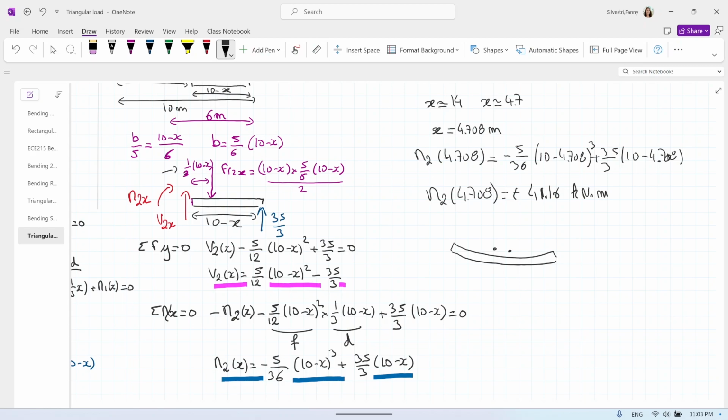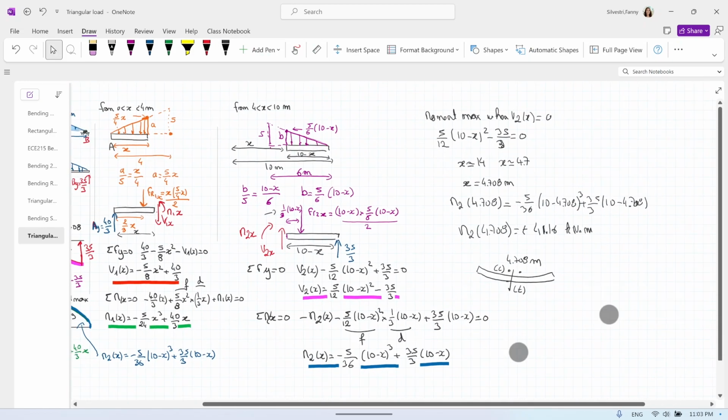So little smiley guy, positive, and so we will be at 4.708 meter. Our moment will be the maximum there, and the fiber on the bottom will be in tension, and the fiber on the top will be in compression. So if you need to find your maximal normal stress, compression, and tension, that will be at that point, and that will be with a moment of 41.16 kilonewton meter.